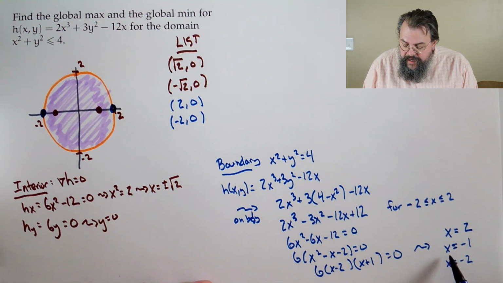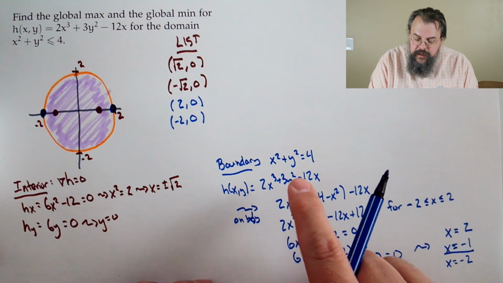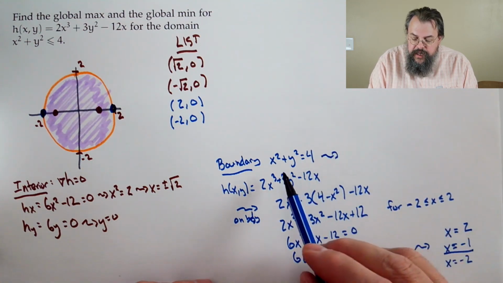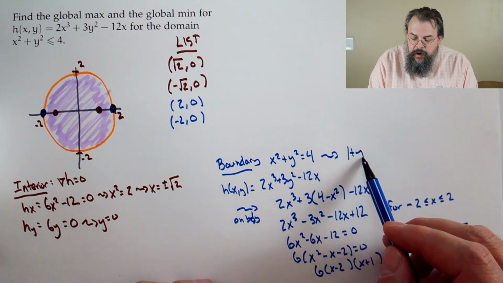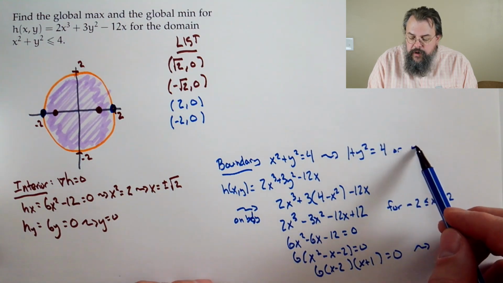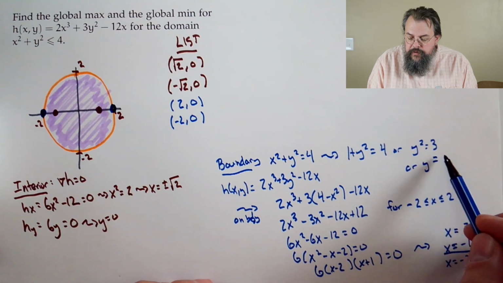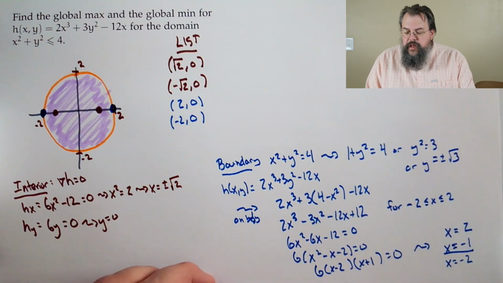We have x equals -1. Now that means what? Well, we're on the boundary. So if x equals -1, 1 plus y squared would equal 4, or y squared equals 3, or y equals plus or minus √3.